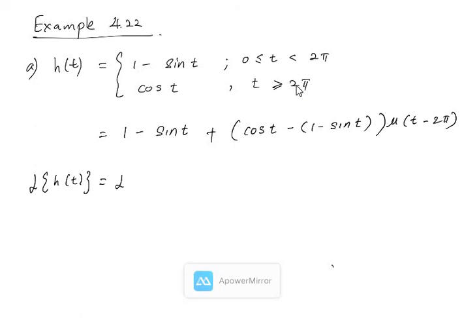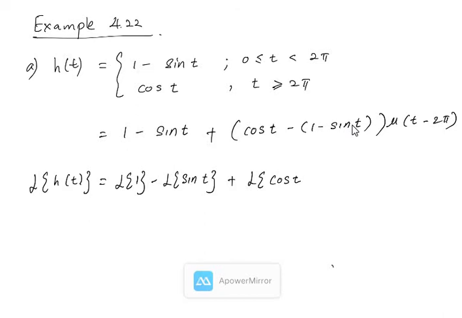You get Laplace transform of 1, and then minus with Laplace transform of the sine t plus Laplace transform of the cos t. Here we can split it, okay? We split into 3. This is 1, this is 2, this is 3.